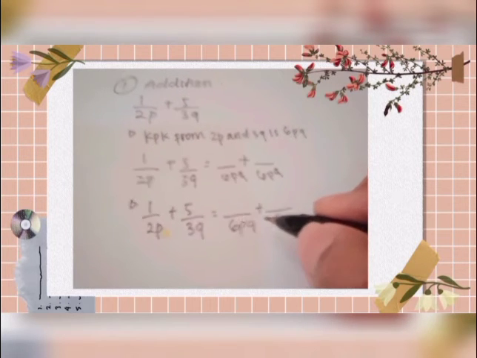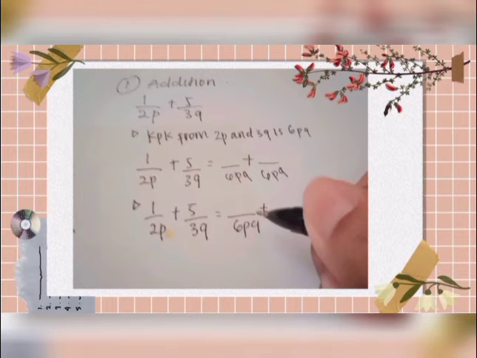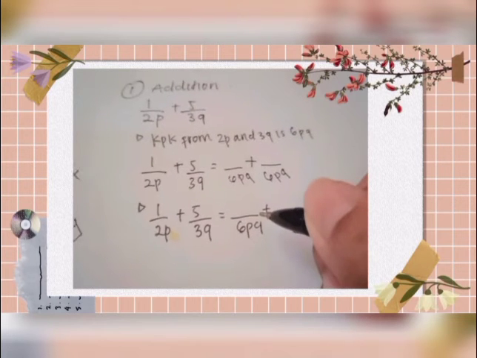The first fraction, the denominator is 6pq divided by 2p equals 3q.